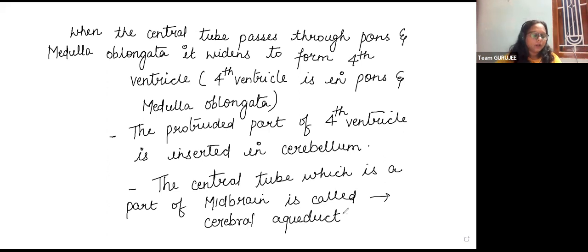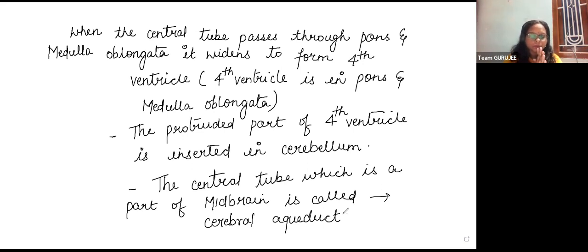Okay. Now try to understand the central tube. The central tube is starting from the midbrain and it is going down till the medulla oblongata, right? When it is passing through the pons and medulla oblongata, it is getting protruded, and it is there between the cerebellum.